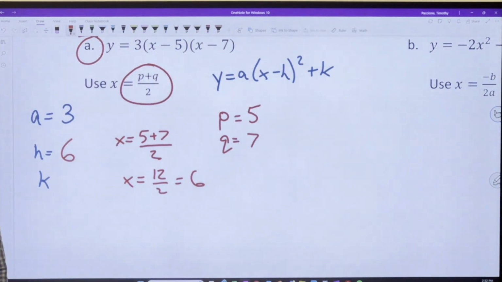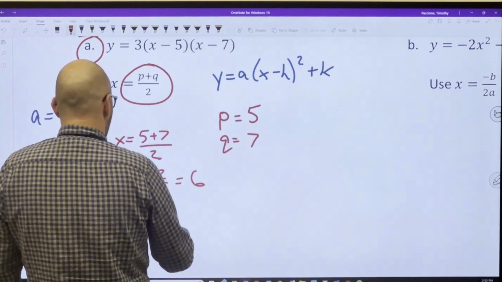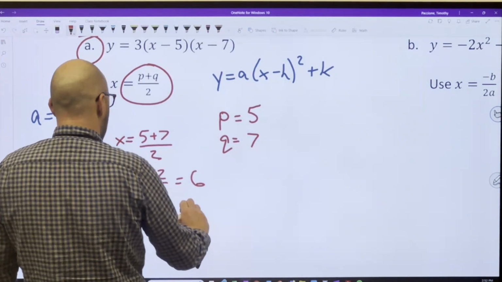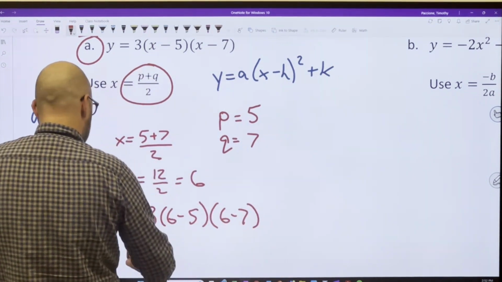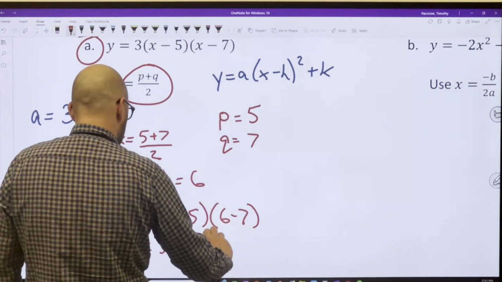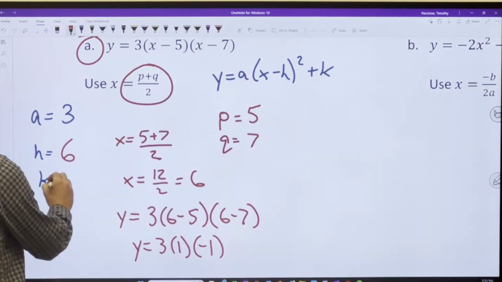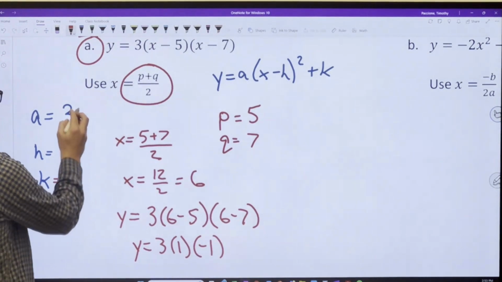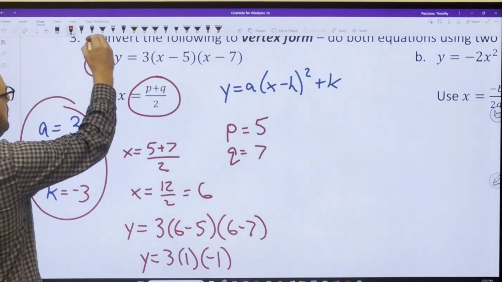Plug it back in to find our y. So y equals 3 times (6 minus 5) times (6 minus 7). That's 3 times 1 times negative 1. 3 times 1 is 3, times negative 1 is negative 3. So my k is negative 3. Now I have every piece I need to plug in here.